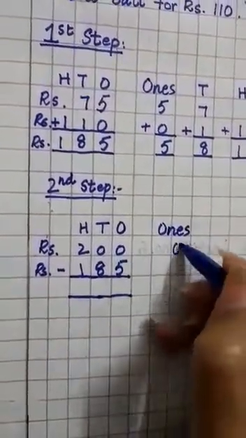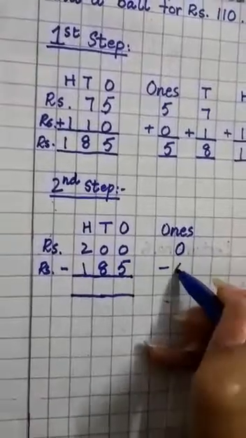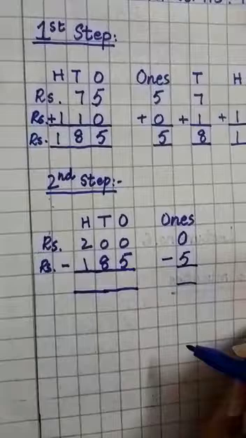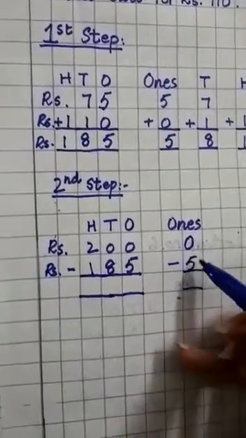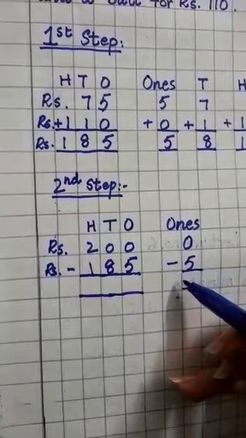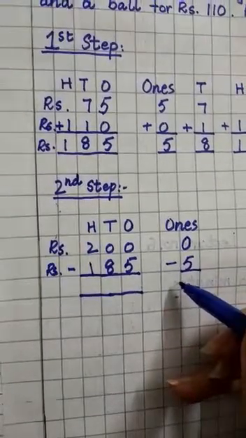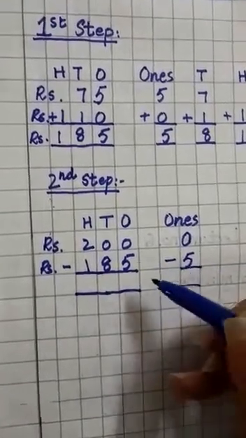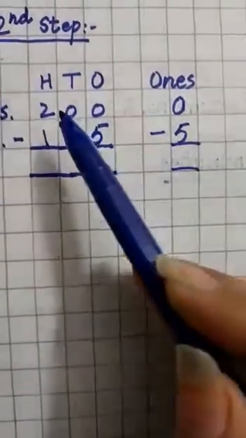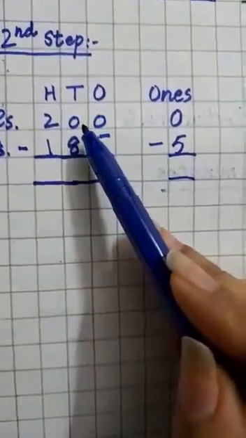This 0 minus 5. Now, is it possible to minus this 5 from 0? No. So what we will do, we will take, yes, 1 from 10 side. You can see that over here in 10th house we have 0 again.